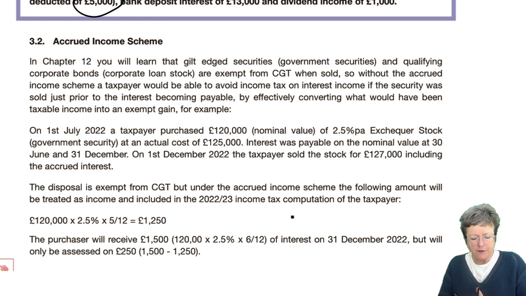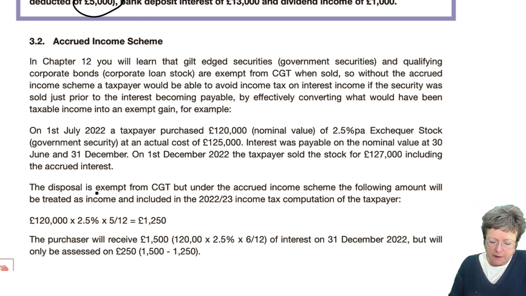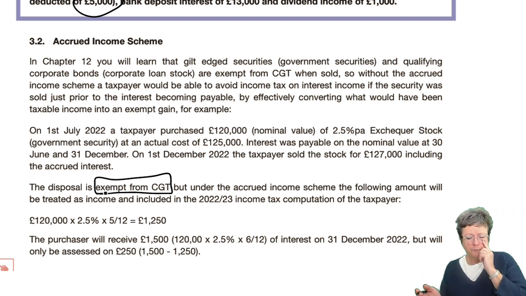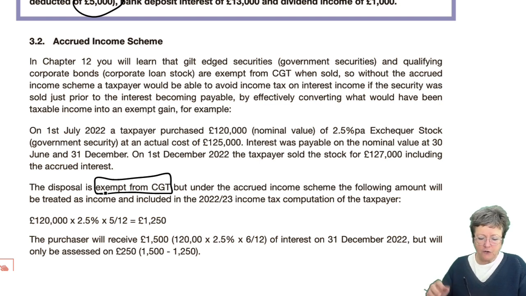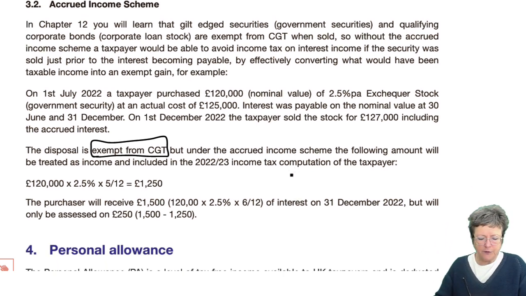Now, it says the disposal is exempt for capital gains tax purposes. Okay, that's a rule. But there is accrued income between those two dates, from the 1st of July to the 1st of December, and it's treated as income and needs to be taxed therefore.